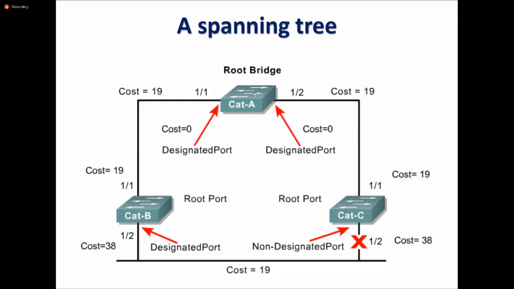Cost is same. Here also 19, left side 19, right side 19. But there is no other way to reach them, so just pick both. But for the other side, the cost is 38, 38. In that case, to avoid the circular path, one of the links is dropped or blocked.